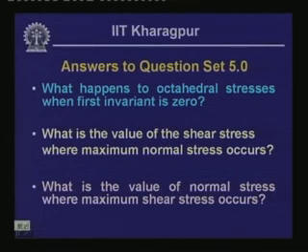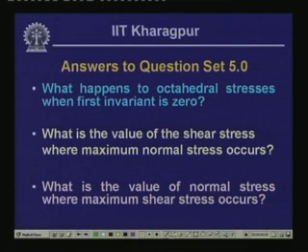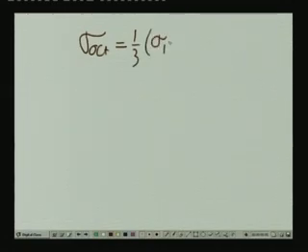If you remember, the stresses on octahedral planes which we had calculated, they are the normal stress sigma octahedral, which is equal to 1/3 of sigma 1 plus sigma 2 plus sigma 3.